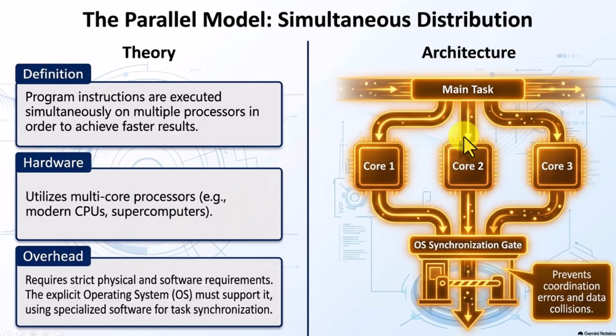And we have an overhead here, because besides doing what the computer or the program needs to do, there have to be some calculations and some controlling to manage the distribution of these jobs to different cores, and at the same time synchronizing them. So that is an overhead. Overhead requires strict physical and software requirements. The operating system must support it, using specialized software for task synchronization. So that is the overhead that it needs.